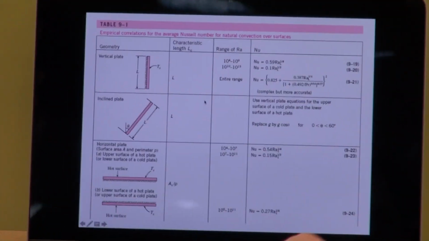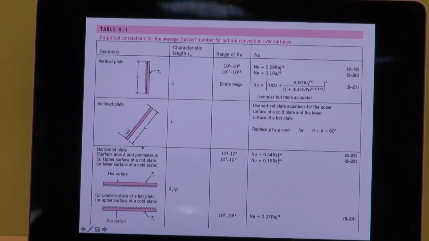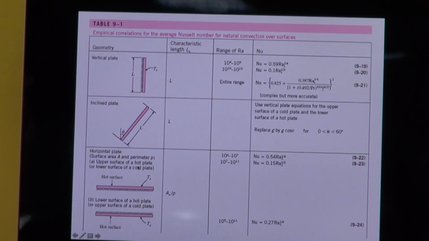And there it shows the different types of geometries. Also, for these cases, which surface is being heated. And then here's the characteristic length. That one is equal to L, that one is equal to L, but that one is equal to the surface area divided by the perimeter.